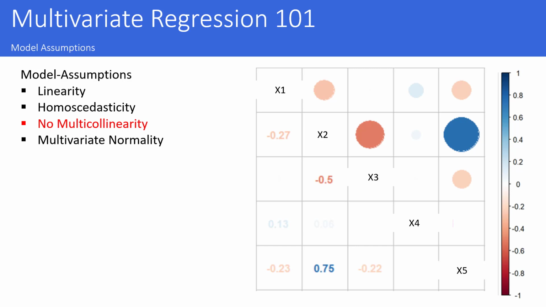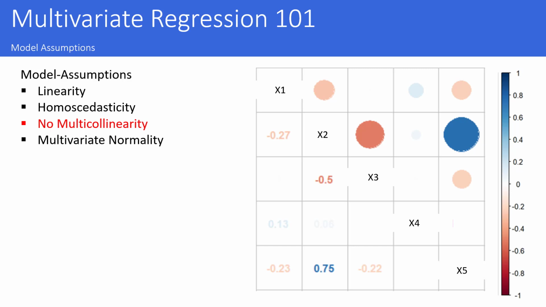The correlation coefficient ranges from perfectly negative correlation, -1, indicated by a red circle, to a perfectly positive correlation, indicated by +1. Negative correlation between x2 and x3 means that if x2 increases, x3 decreases.